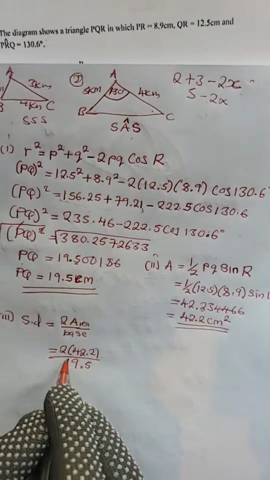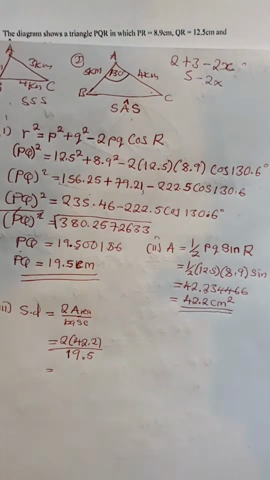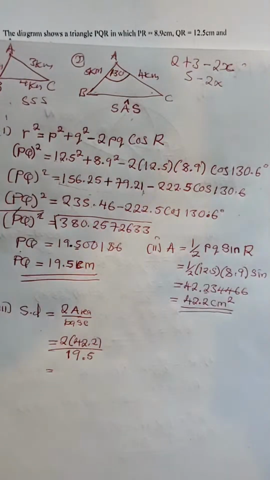Okay. So we can now calculate 2 times 42.2, all right, divided by 19.5.